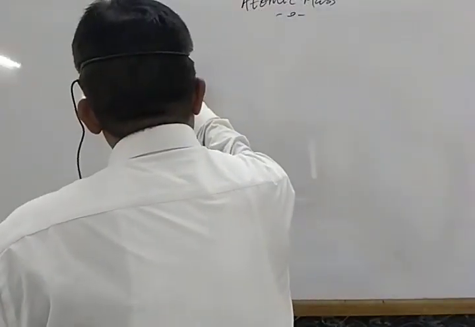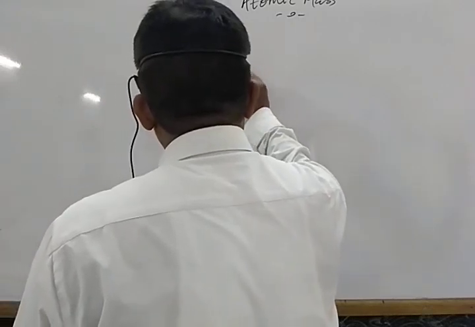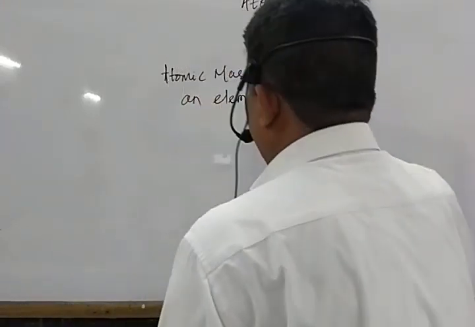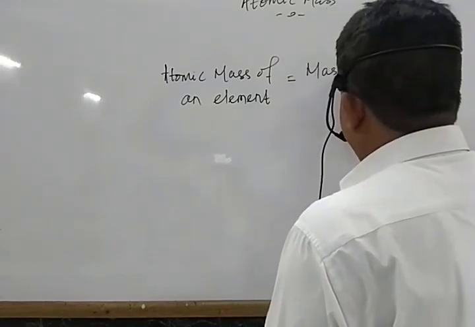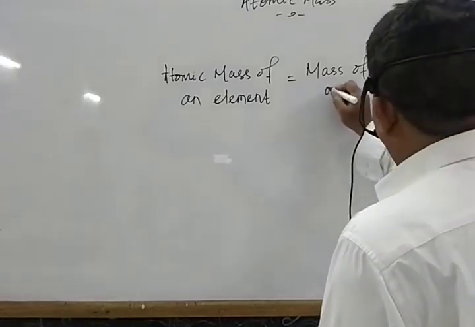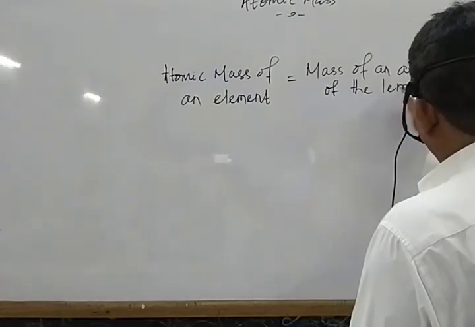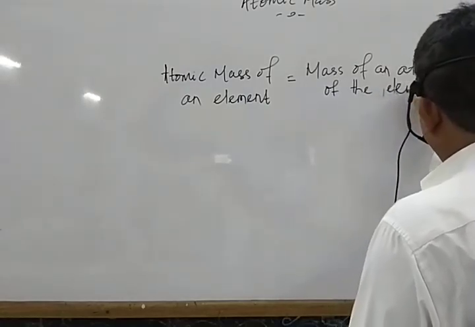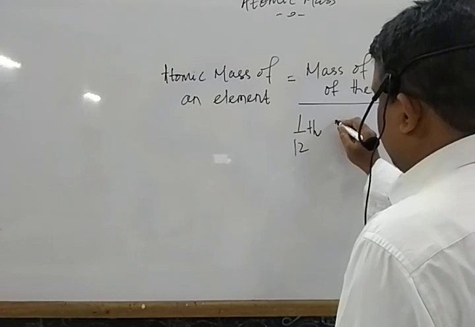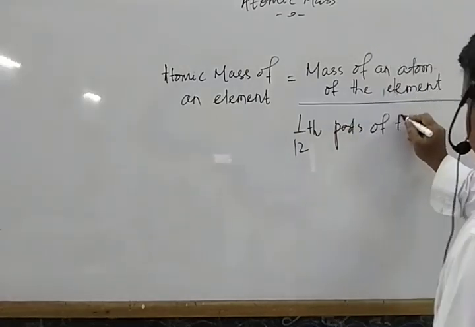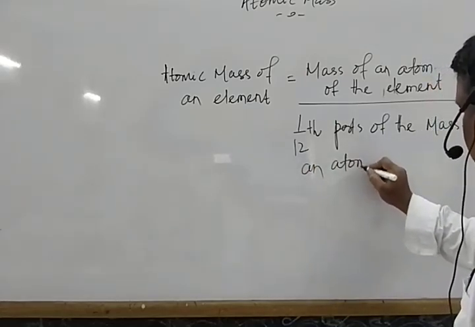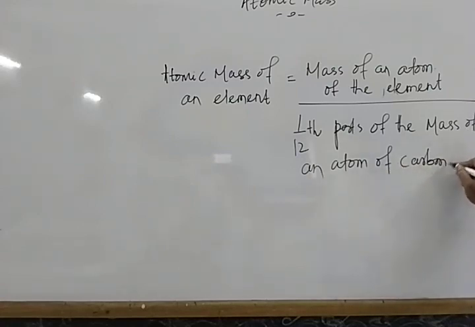That means atomic mass of an element is equal to mass of an atom of the element divided by 1 by 12 parts of the mass of an atom of carbon taken as 12.